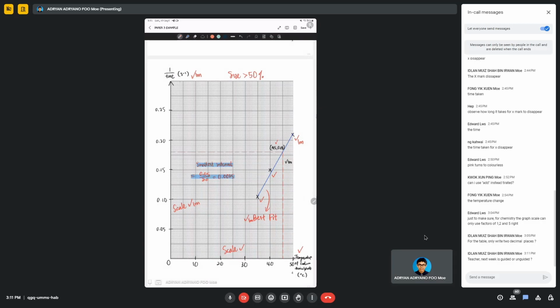Okay, best fit ni tak semestinya garis lurus tau. Kalau you nampak pattern dia adalah curve, then best fit you adalah curve punya line lah.